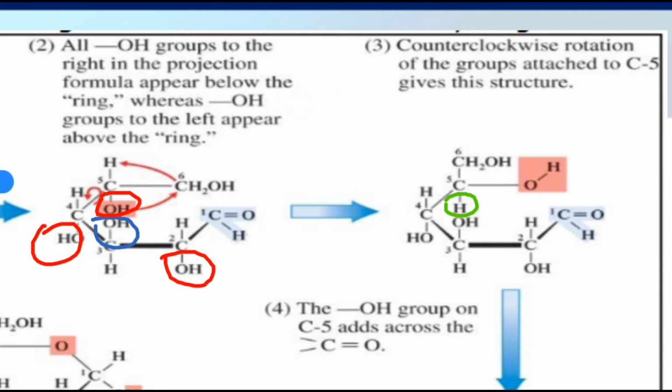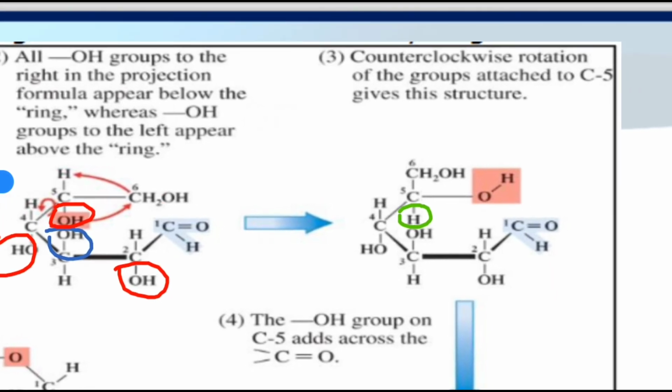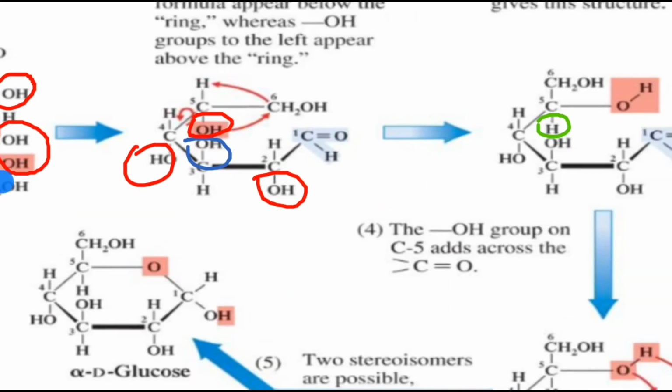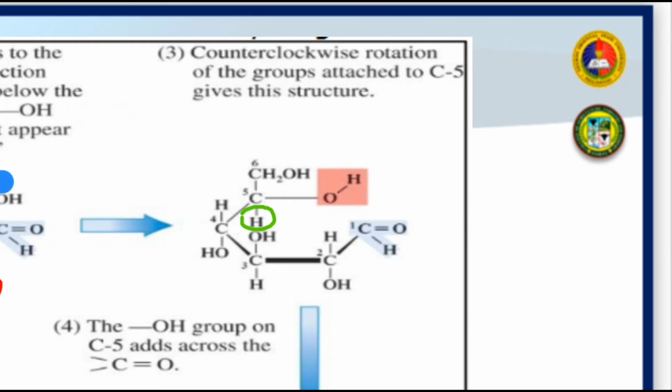And that CH2OH now will be transferred and will replace the hydrogen atom above that carbon 5. And that hydrogen atom, which I encircled in color green, will be positioned below carbon 5.